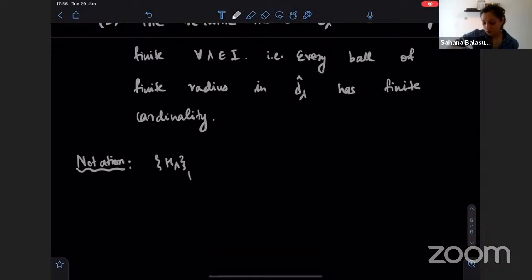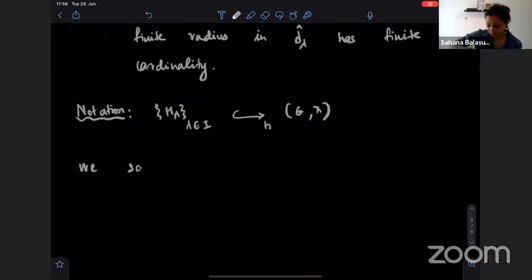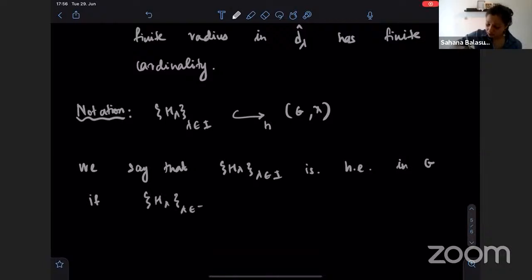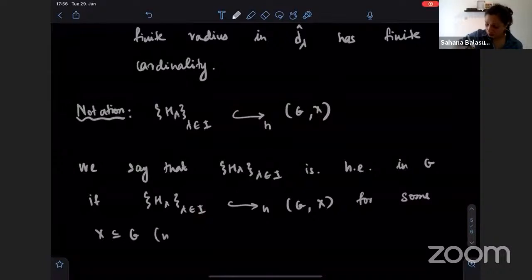We use the embedded symbol with the subscript H, into the pair G and X, because of course this definition depends on the choice of this relative generating set X. And more generally, we say that this collection is hyperbolically embedded in G if you can find an X that satisfies the definition of being hyperbolically embedded for some subset X of G, which again does not need to be finite.